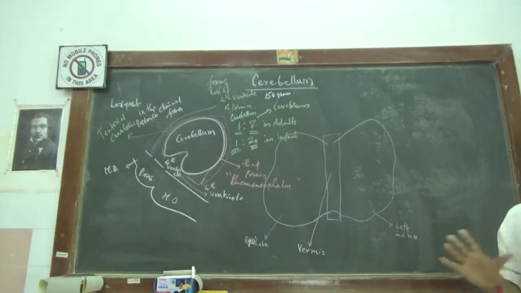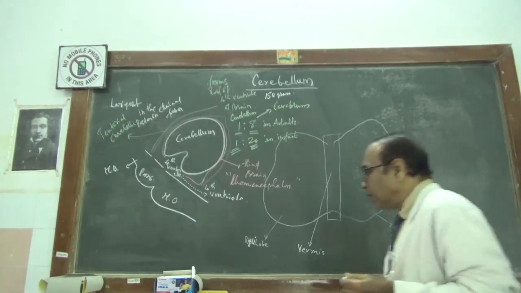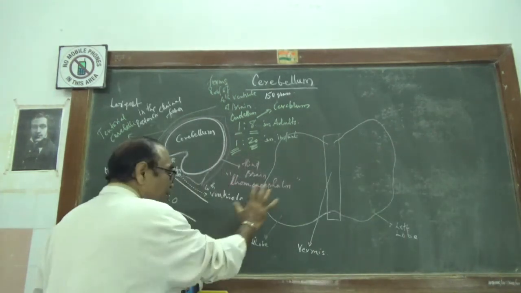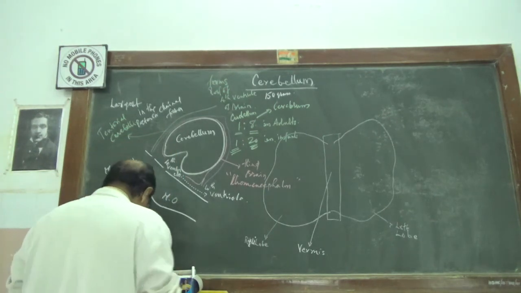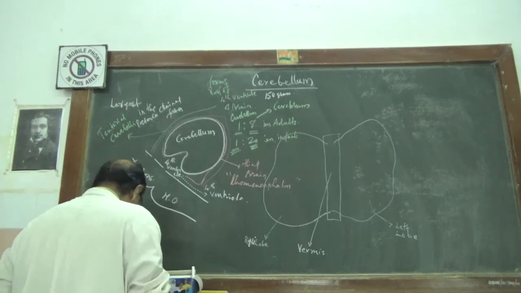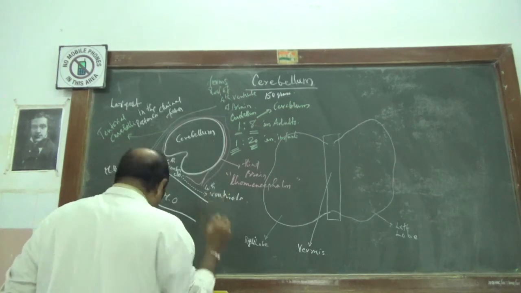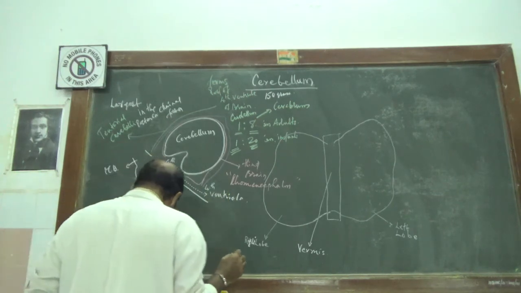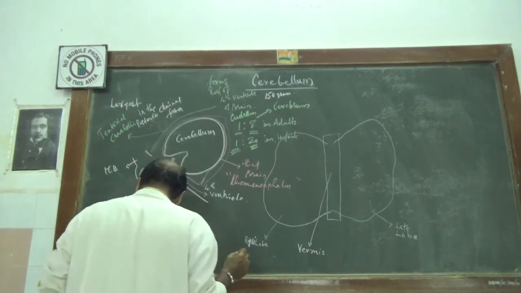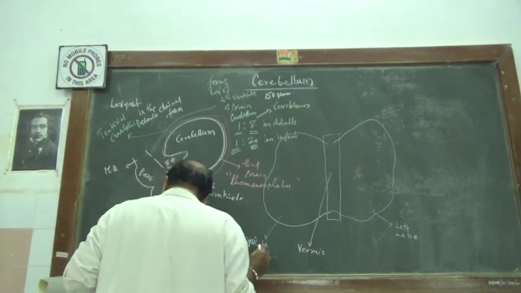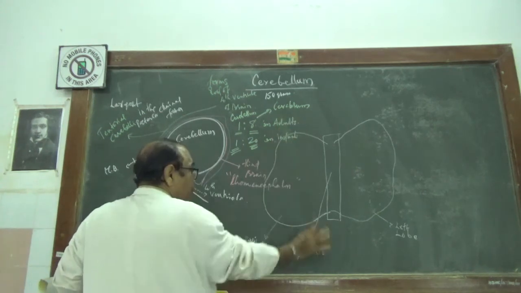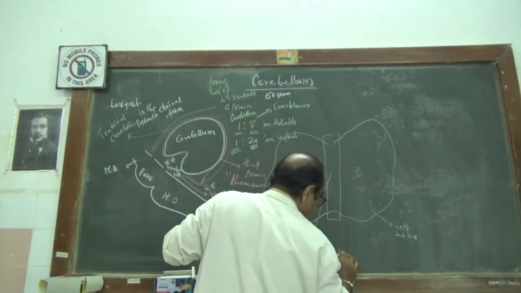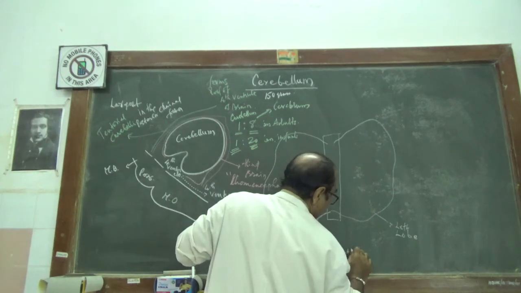So you have got like this. Now this cerebellum will have some parts. This is what you are seeing, anterior view.